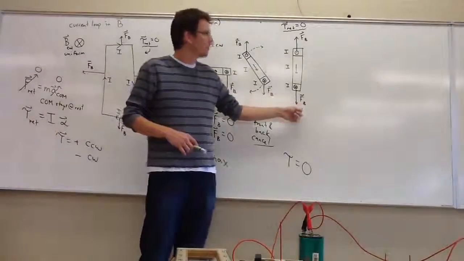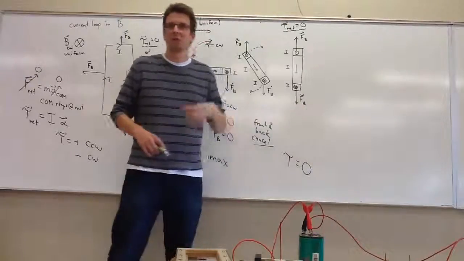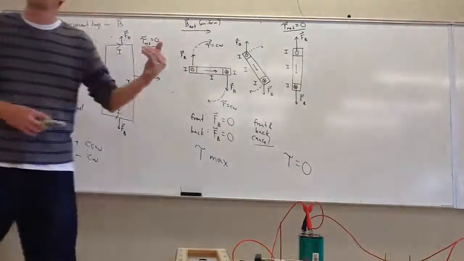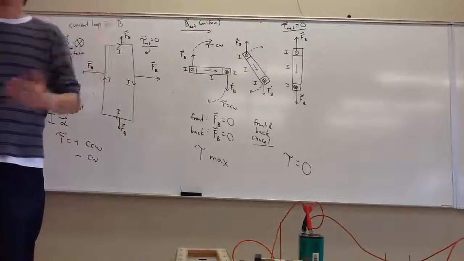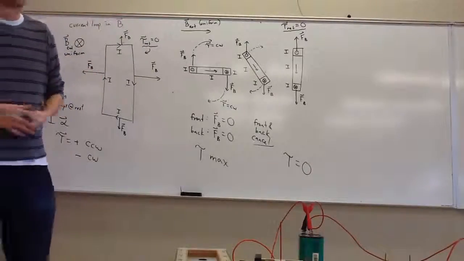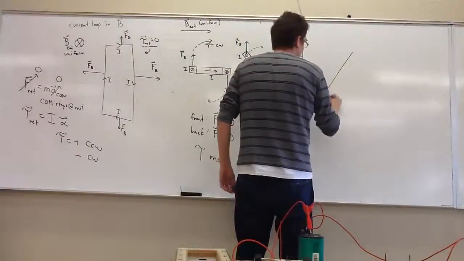And when it gets here, it's not going to stop dead, because even though the torque turns off, you've built up all this angular velocity in getting there, right? So you're going to overshoot that. So you're going to go something like this.